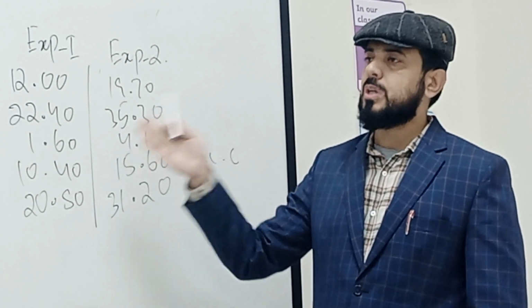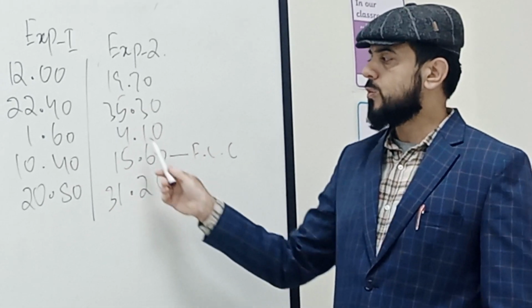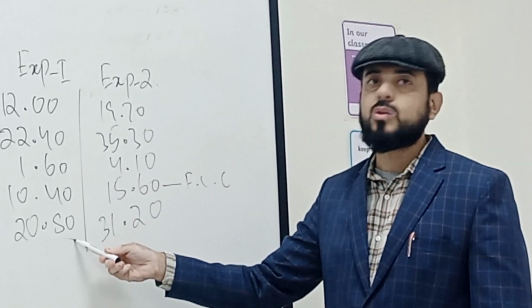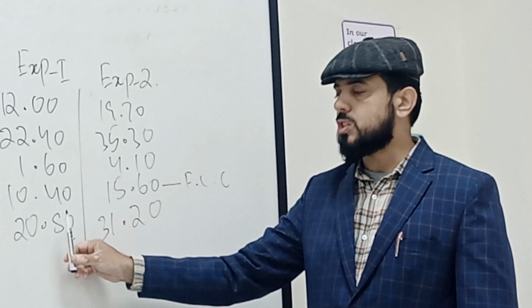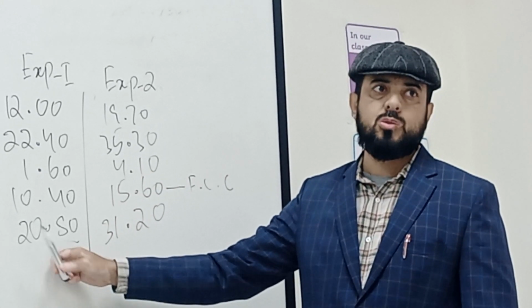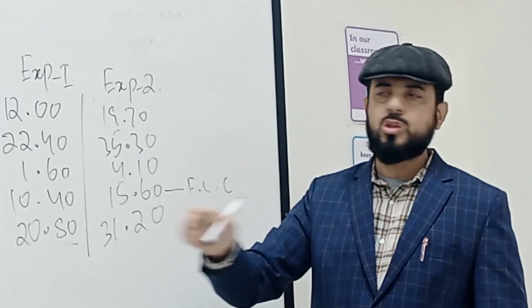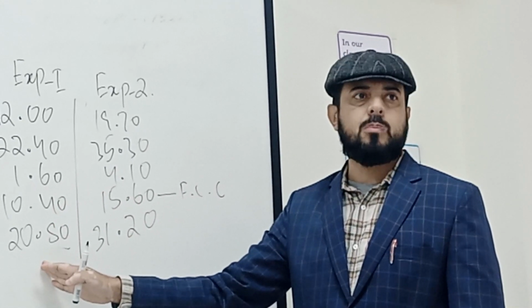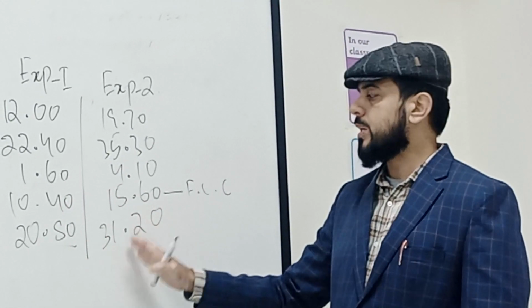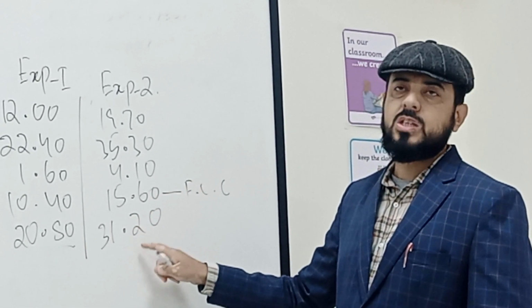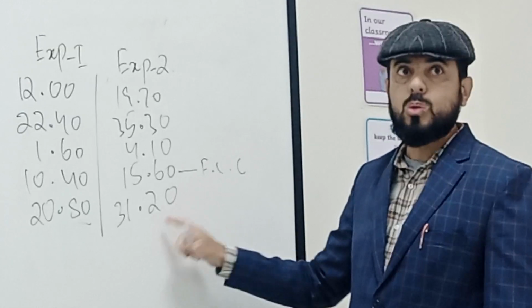We're not jumping into the questions, but roughly, here the volume of the acid used was less, so the concentration of the sodium carbonate used here was less. That's why less volume of the acid was used to complete the reaction. But here we use more volume, meaning the concentration of the sodium carbonate was more. Understood? So keep that idea.